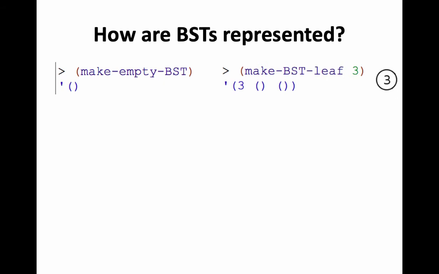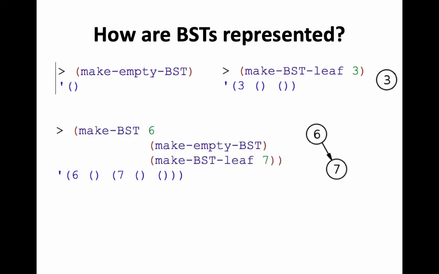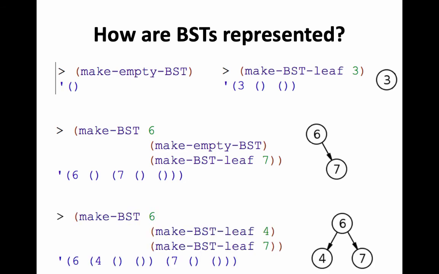We can make a BST leaf, which looks just like we saw in the earlier example where we traced those out. The example with the 2-node tree, that we can make a BST with 6, and then make empty BST, that makes that empty BST for us, and then the leaf on the right-hand side. And then similarly, that 3-node tree, we could make BST with the key 6, and then we make 2 leaves, one as its left subtree and one as its right subtree.